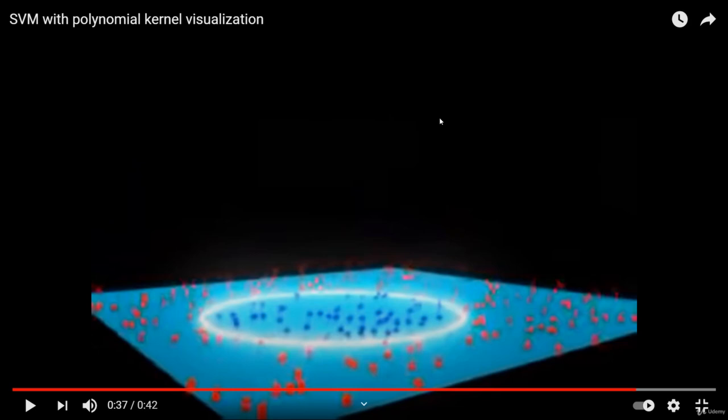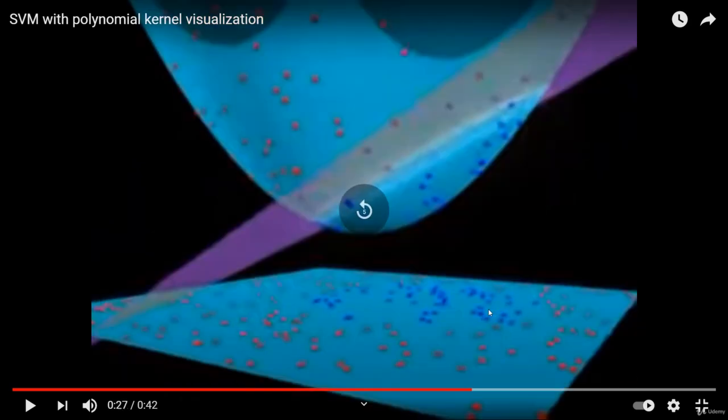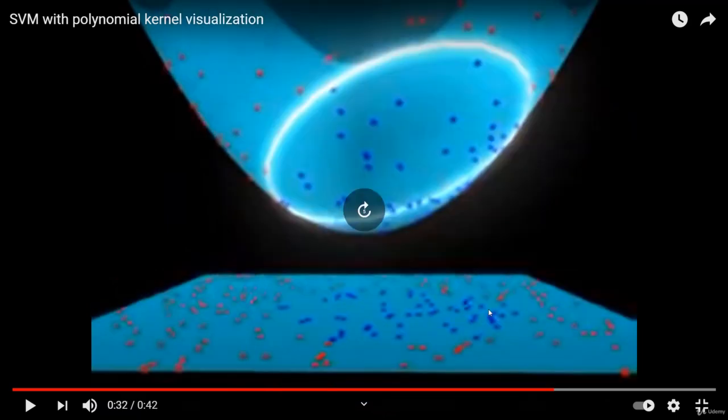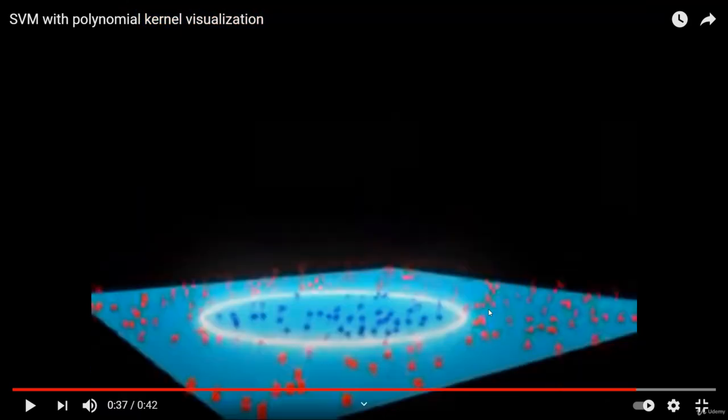But what actually happens is that we transform the data using the polynomial kernel, and after transforming this data, we just separate the data using a linear separator in the higher dimensional space, just like here. This is a linear separator in the higher dimensional space. But when we transform the data back, or do the inverse transformation, you see it as a non-linear separator. You see it as a circle.